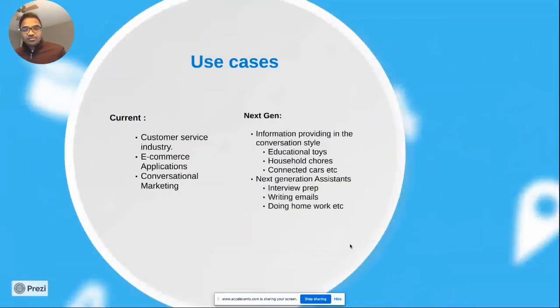Now let's go into the use cases. What are the use cases being solved by the conversational AI products out there? The most prominent use case, as I mentioned earlier, is that the customer service industry adopts them. You can call the bot about a problem with a product the company has offered you.